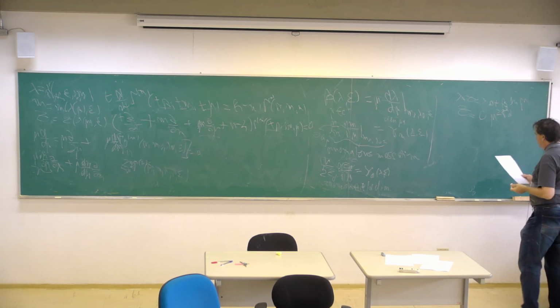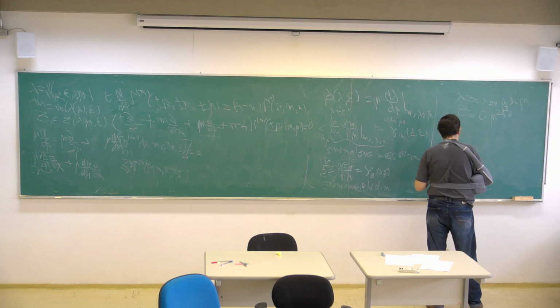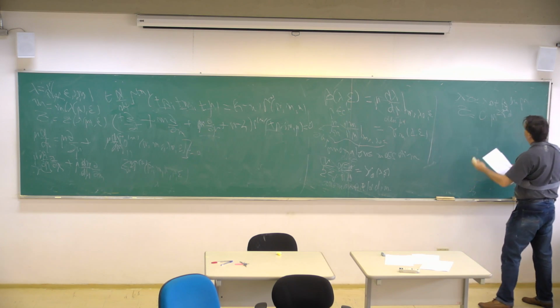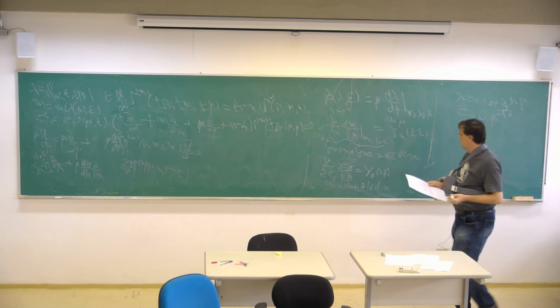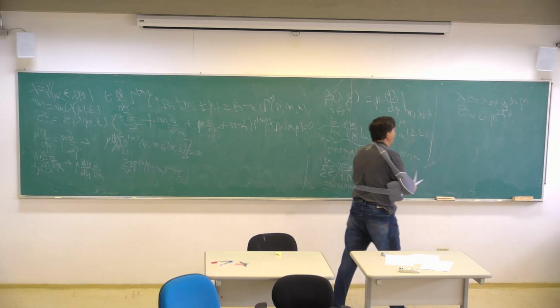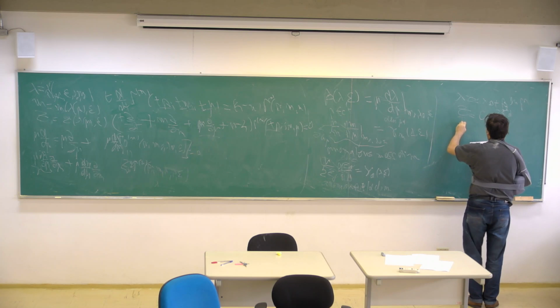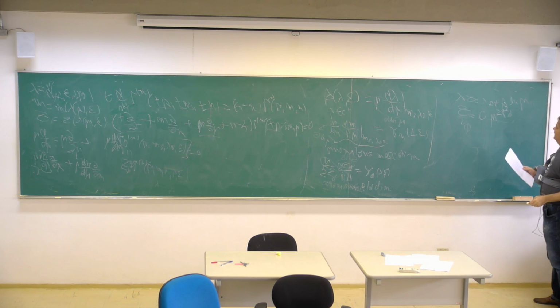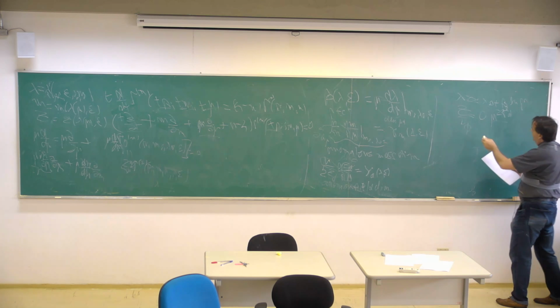That is why I call this an anomalous field dimension. This is what multiplies the field phi.